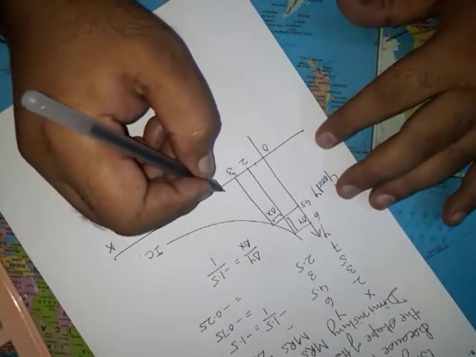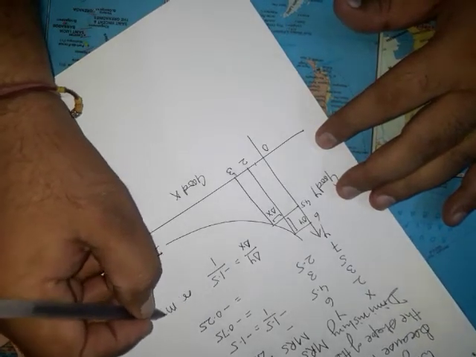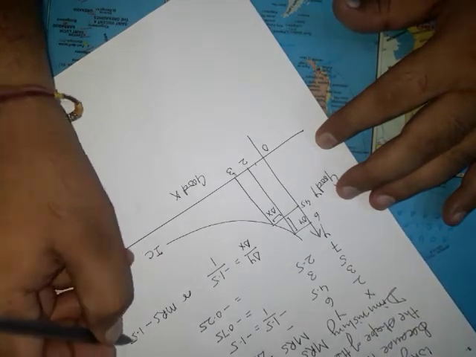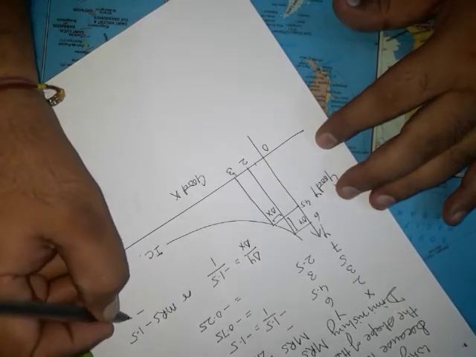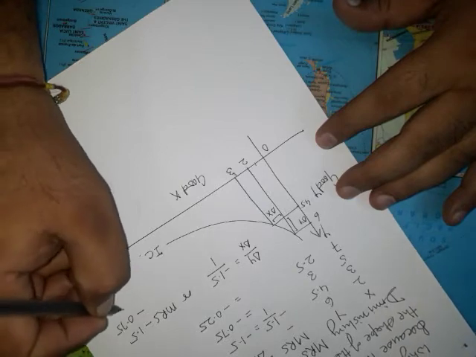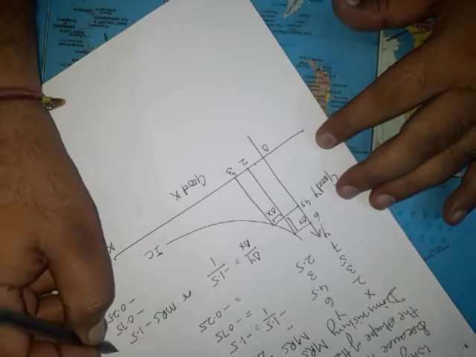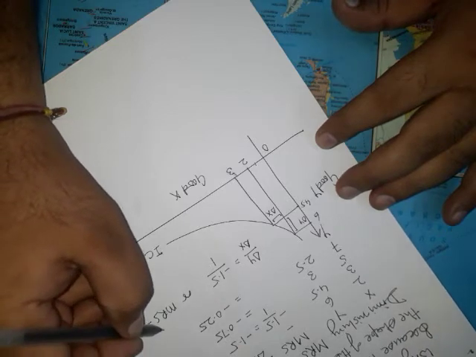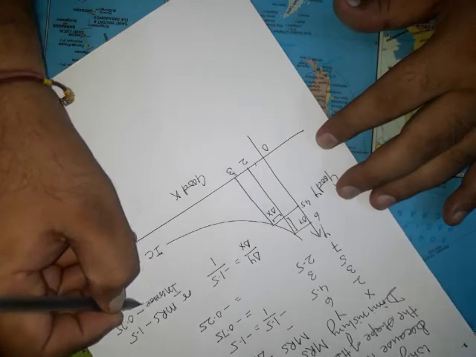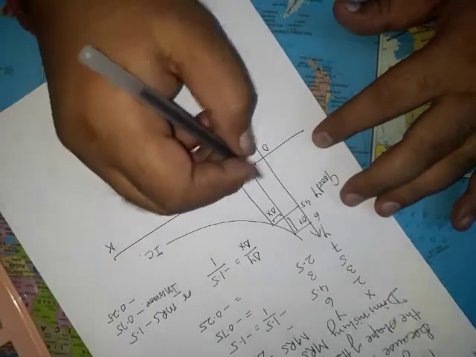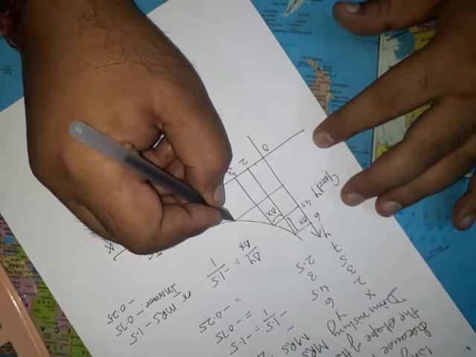So the marginal rate of substitution is minus 1.5, and after that minus 0.75 and minus 0.25. So the marginal rate of substitution increases. So that's why the shape of the curve is convex to the origin.